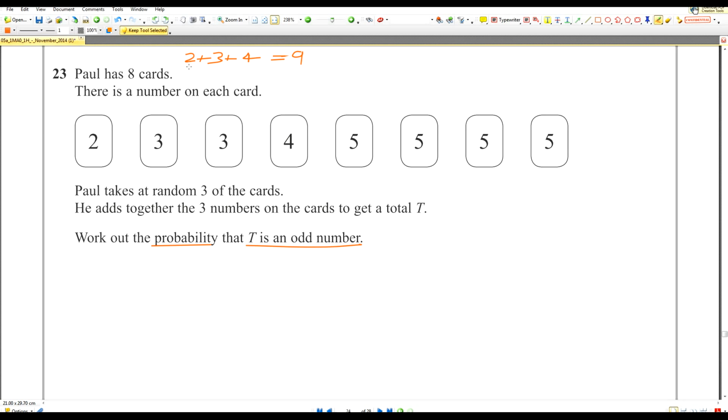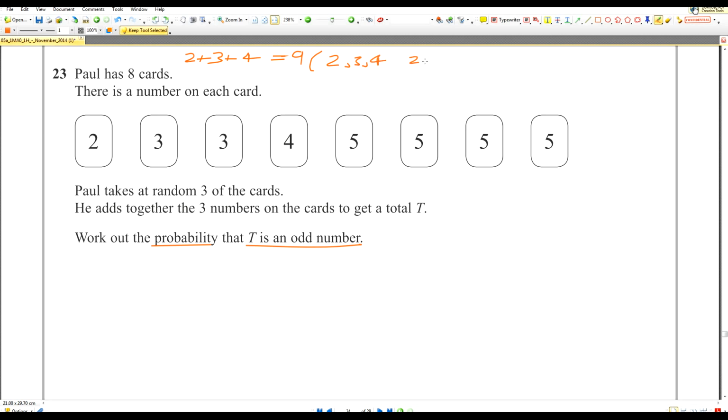Now you have to remember, with these 3 particular numbers, 2, 3, and 4, we can rearrange them in 6 different ways. I will quickly show you what those ways are. We can have 2, 3, 4.